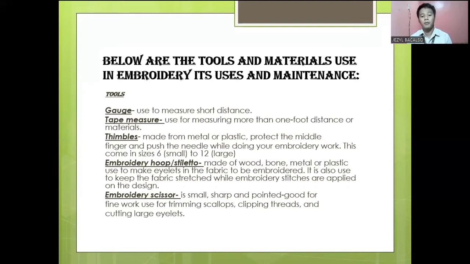Then the embroidery hoop or stiletto, made of wood, bone, metal or plastic, used to make eyelets in the fabric to be embroidered. Then the next one is embroidery scissors. It is small, sharp, and pointed, good for line work, used for trimming scallops, clipping threads, and cutting large eyelets.